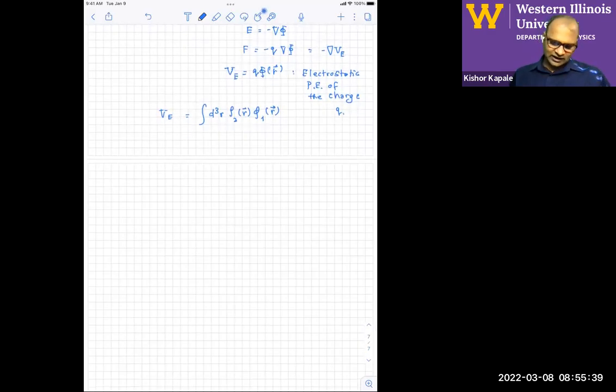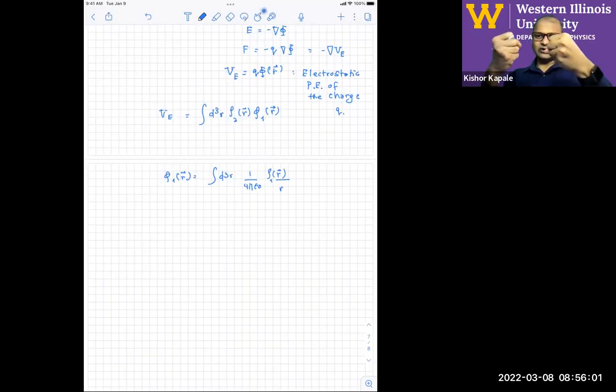And so phi 1 itself would be coming from the integral d³r over 4 pi epsilon 0, ρ1 of r over r, right? Okay. And you calculate it and put it in there. So it's like having the potential. Now you can calculate the electrostatic potential energy of two charge distributions that are right next to each other. Okay.